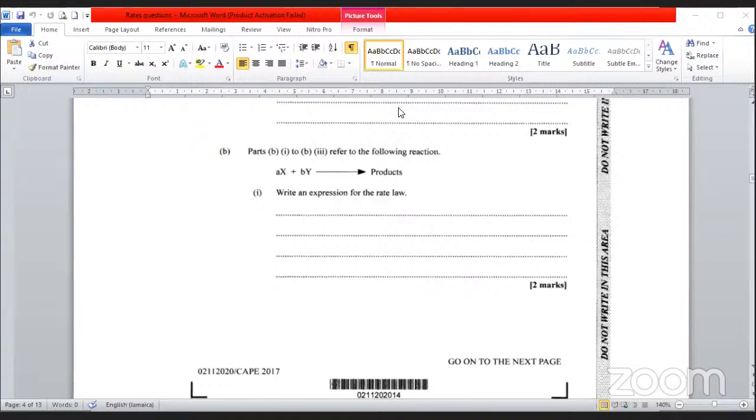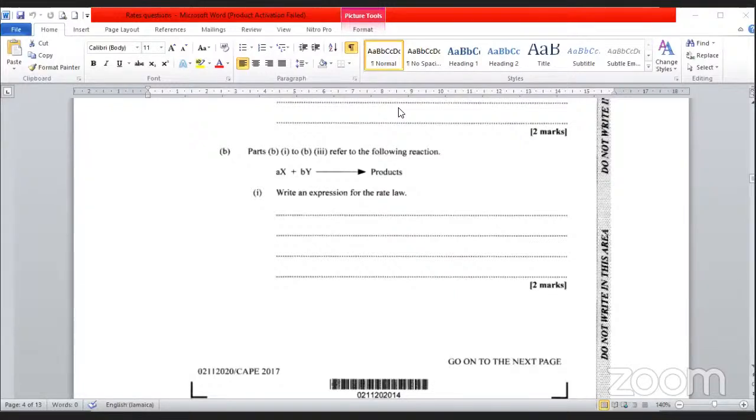So your rate law, you could have written rate is equal to K times the concentration of X raised to the power C times the concentration of Y raised to the power D. Or rate is equal to K times the concentration of X raised to the power M times the concentration of Y raised to the power N. If your powers are A and B, then you are not going to get the 2 marks.